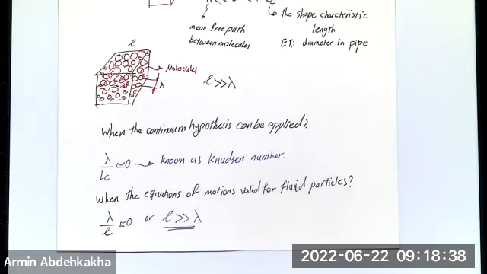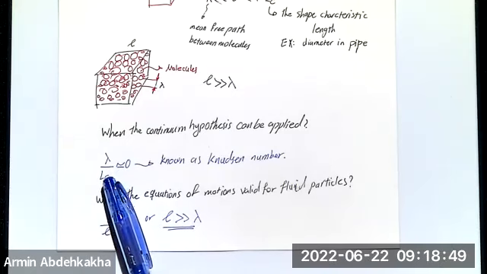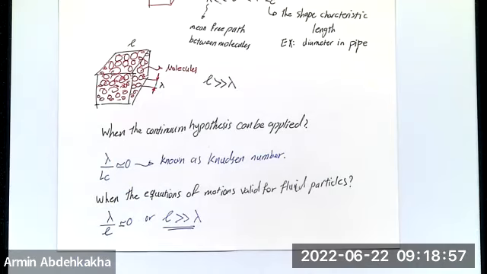If it's zero, then yes, you can find an L between these two, because these two are highly different. Lambda is much, much smaller than L_C. Then you can find a smaller L, or fluid particle size, between these two, and you can apply your equation of motion on it.